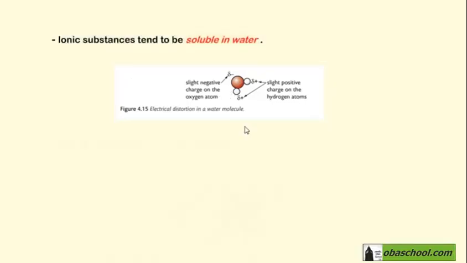When there are slight negative and slight positive charges, it creates an electrical distortion in the molecule, and therefore we call water a polar molecule. Water is described as a polar molecule because of its slight positive and negative poles.